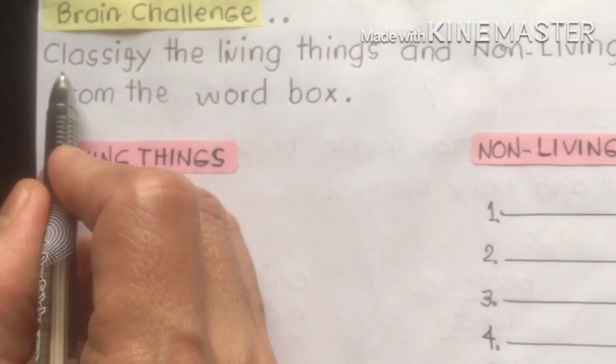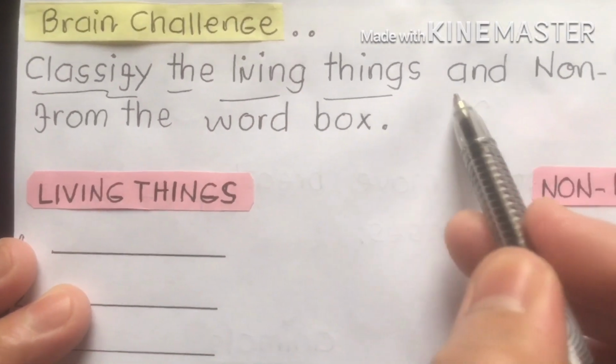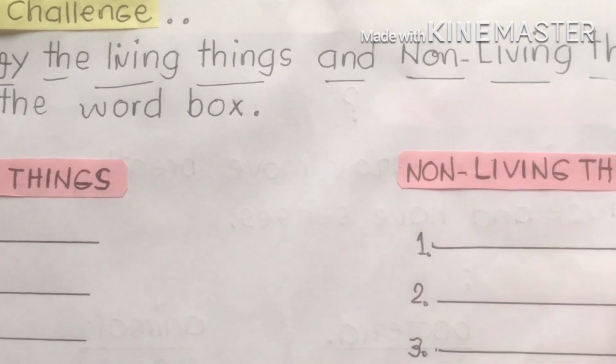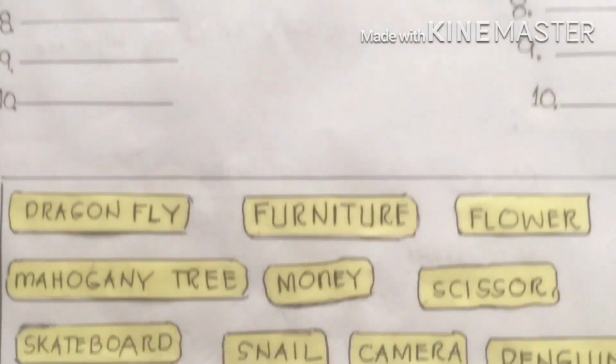We are going to classify the living things and non-living things from the word box. Where's our word box? We have it here, my dear students.